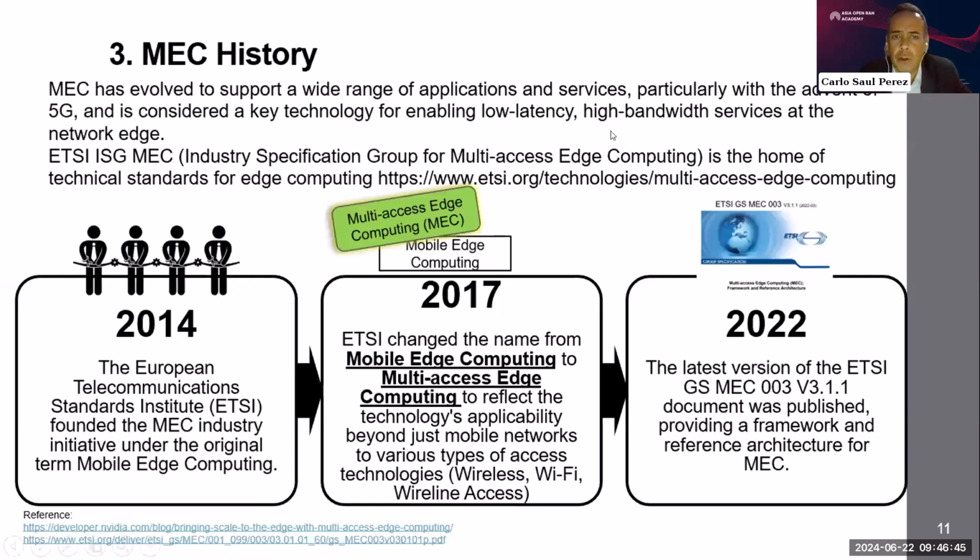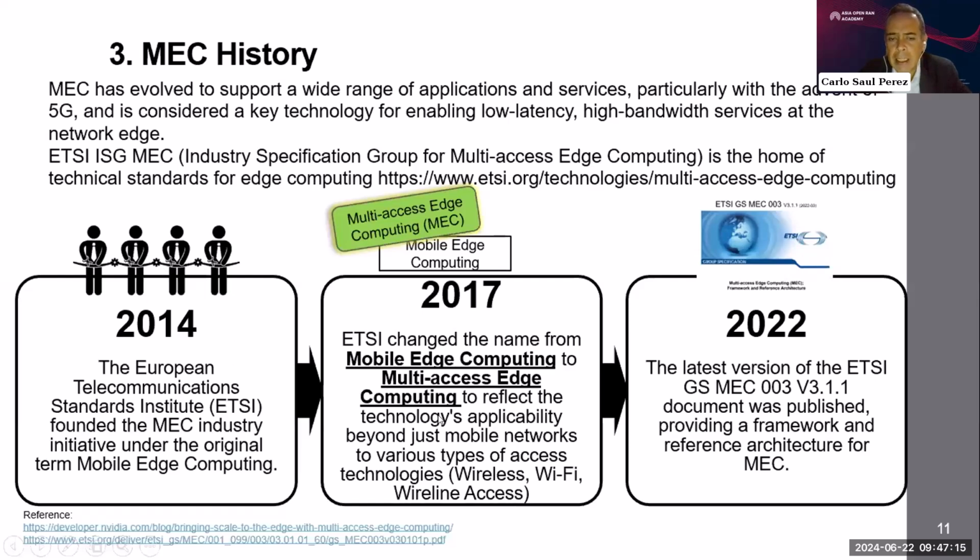MEC has evolved to support a different range of applications and services, with a particular focus on 5G, and services like Wi-Fi have also been included this year. In 2014 the ETSI defined this definition. They worked together to define what MEC was and how to work on all of this.